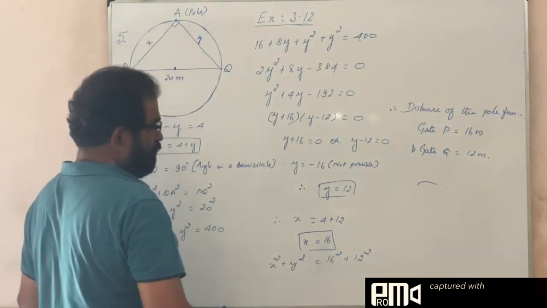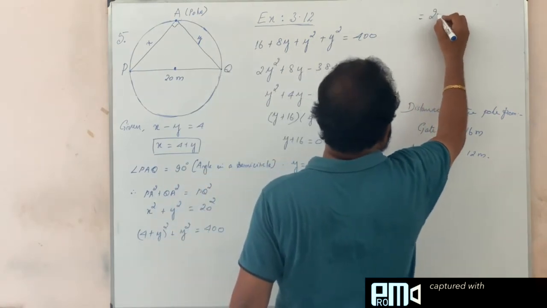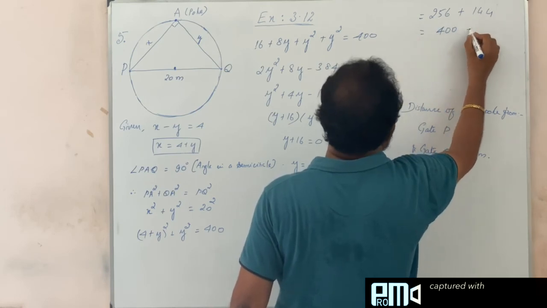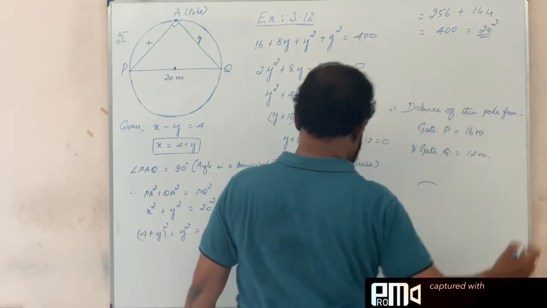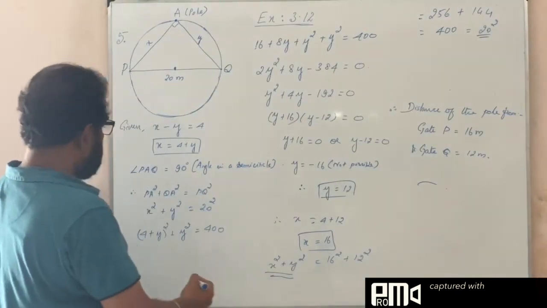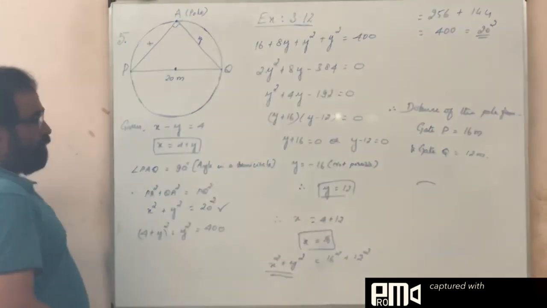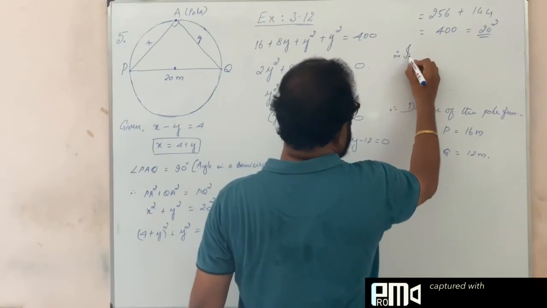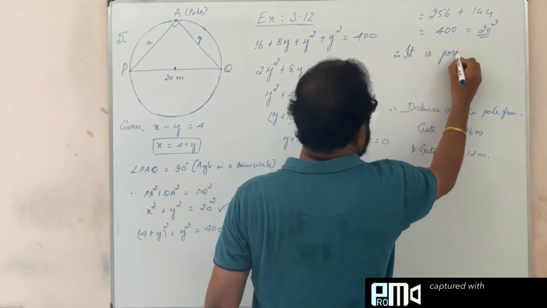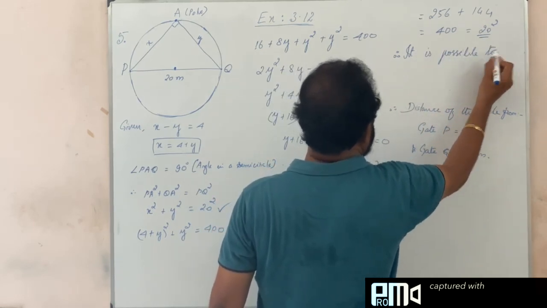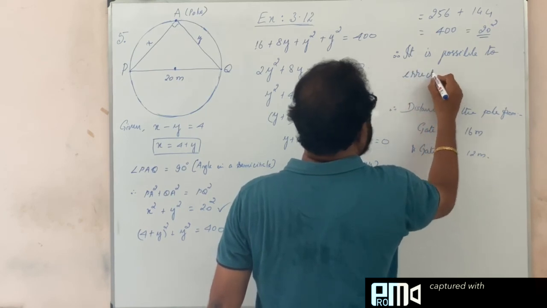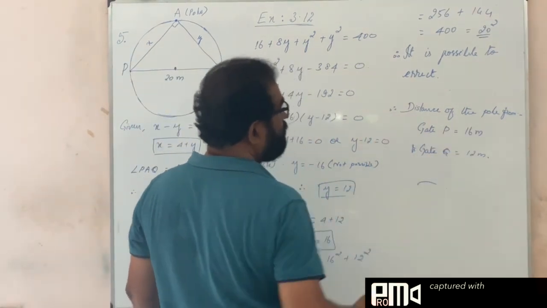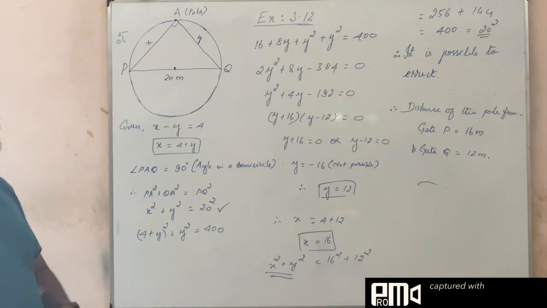What is 16 square plus 12 square? 256 plus 144 equal to 400. This is 20 square. So x square plus y square is 20 square. See, this is the condition, and correctly we are getting it. Therefore, here you write one step: it is possible to erect. Possible to erect, and so the distance of the pole from gate P and gate Q is as found. So like this. Right? Thank you.